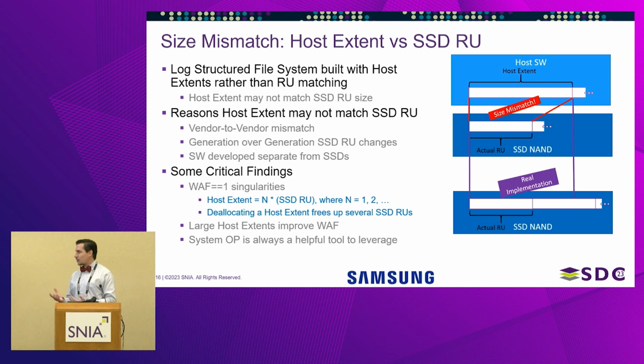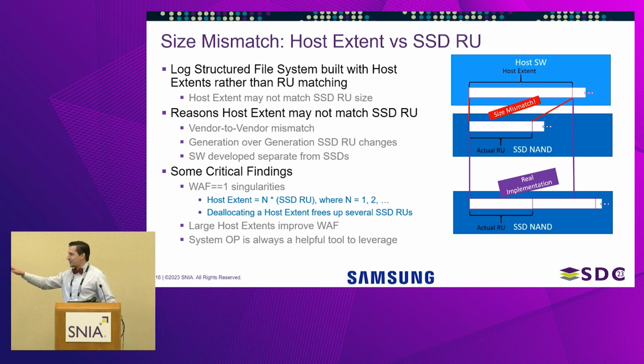You can't plan on that coincidence, but once it's pointed out, it makes a lot of sense, because it's going to deallocate and free up a lot of the SSD RUs all at once, available for rewriting. We are also finding large host extents are a general positive recommendation and drive towards write amplification of 1 as well. More complete data on this I hope to bring in the future for a better in-depth talk.